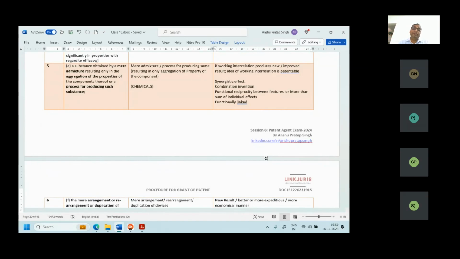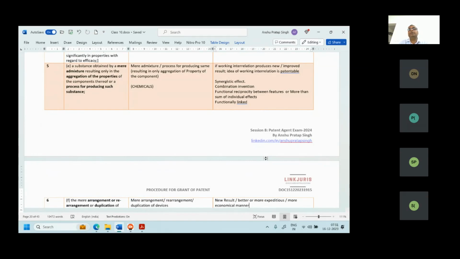Since there is this benefit and additional functional effect, it is now not a mere admixture but an invention. Because of this, that kind of chemical invention can be patented.